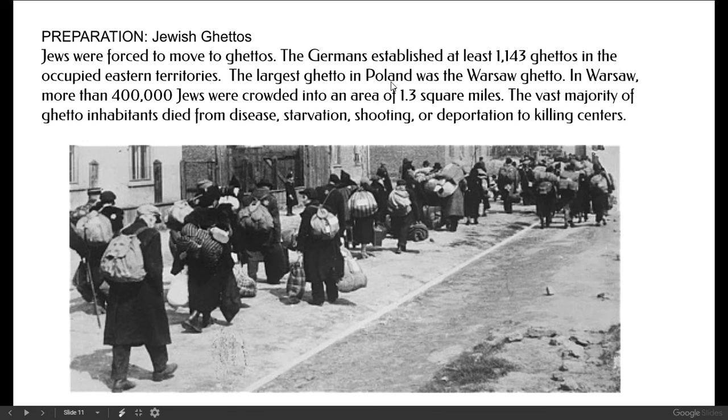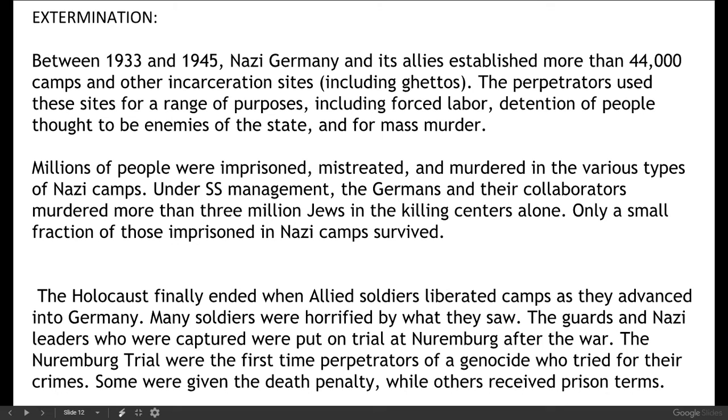The largest ghetto in Poland was the Warsaw Ghetto, and it held 400,000 Jews in a crowded area of 1.3 square miles. The vast majority of the ghetto's inhabitants died from disease, starvation, shooting, and then they were eventually deported to killing centers and concentration camps.